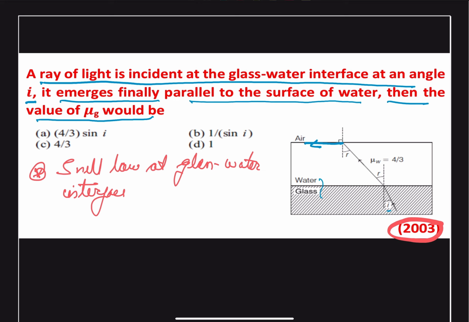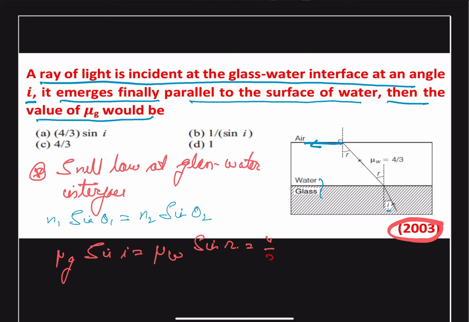We know that n1 sine of theta 1 is equal to n2 sine of theta 2. So according to the given figure, we can write this as mu g sine of I is equal to mu w sine of r, and mu w is given as 4/3, so this comes as 4/3 sine of r. Let us call this equation number 1.